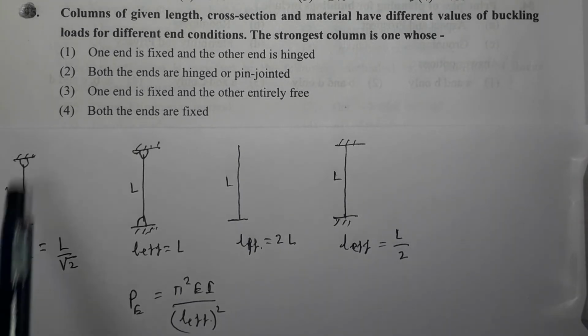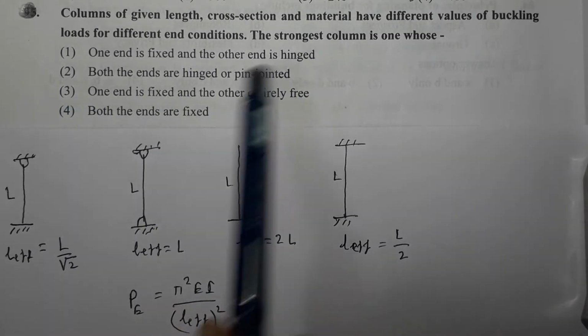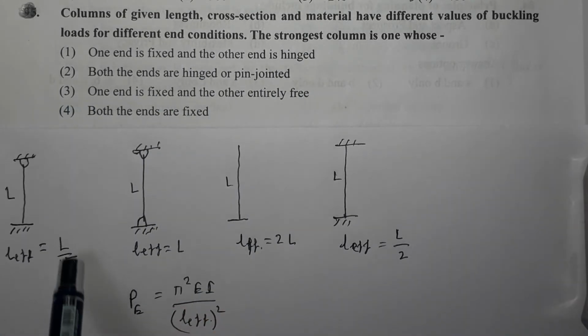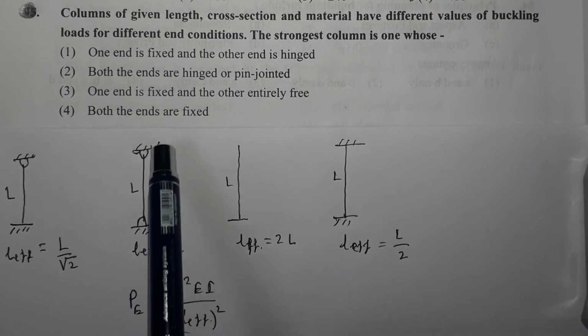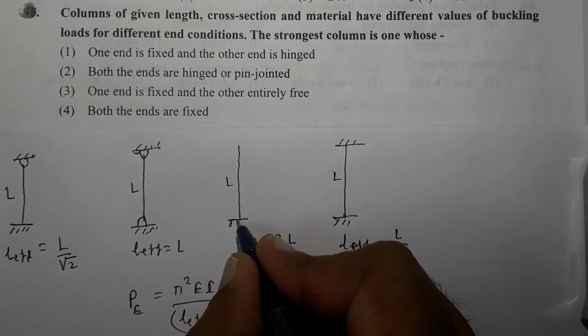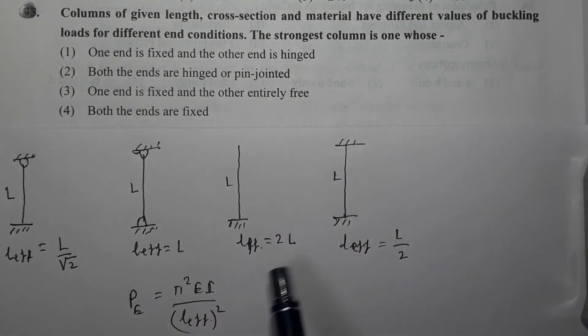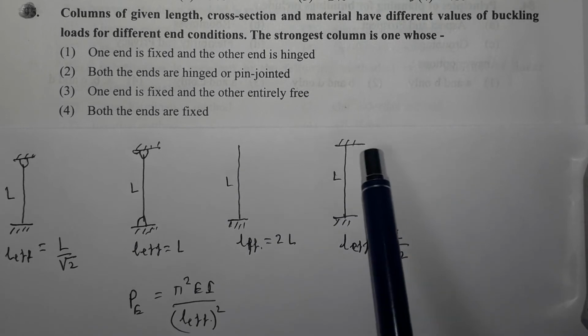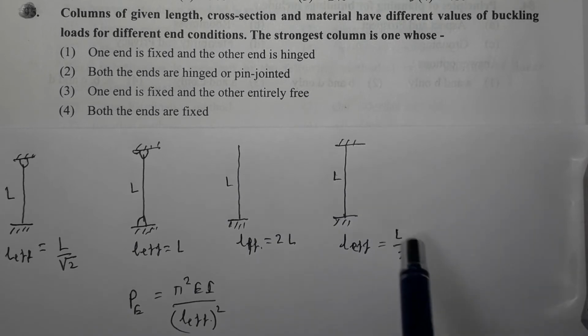In the first case, when one end is fixed and the other end is hinged, effective length is L by root 2, where L is the actual length of the column. When both ends are hinged, L effective is equal to L. When one end is fixed and the other is free, L effective is 2L. And when both ends are fixed, effective length is L by 2.